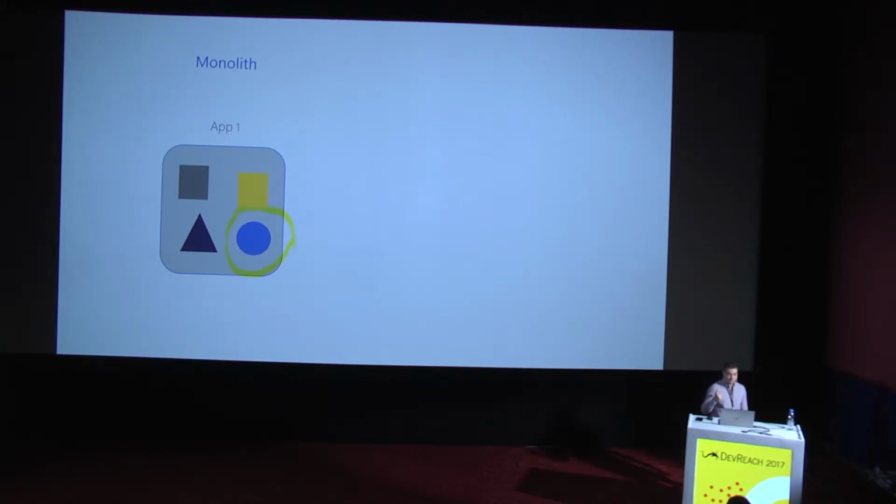Also, what happens is this thing that I've just circled out all of a sudden wants more resources, let's say more computing power. Okay, you have to scale the whole thing in order to satisfy the requirements of some sort of piece of code here in the monolith.